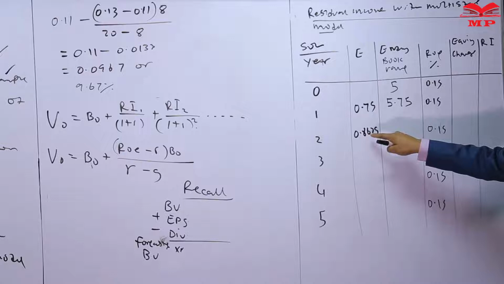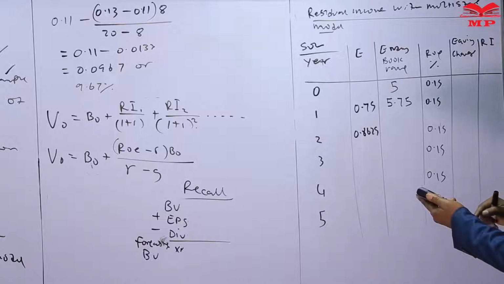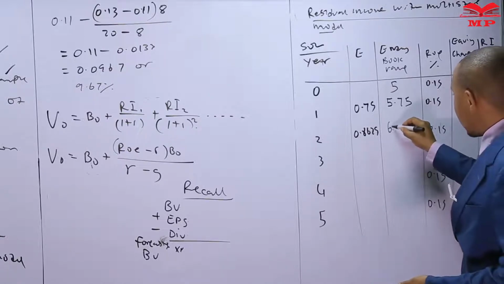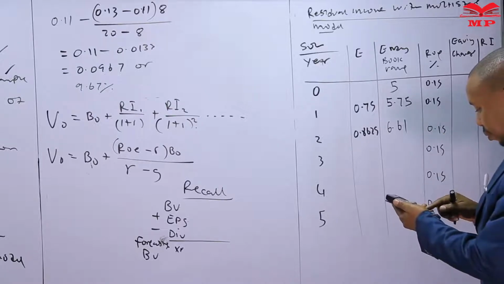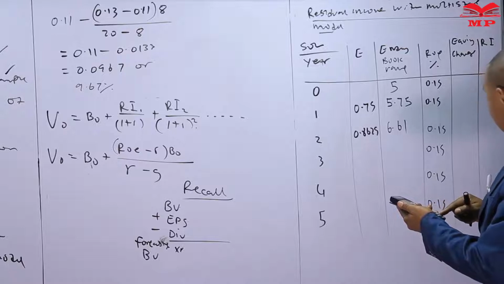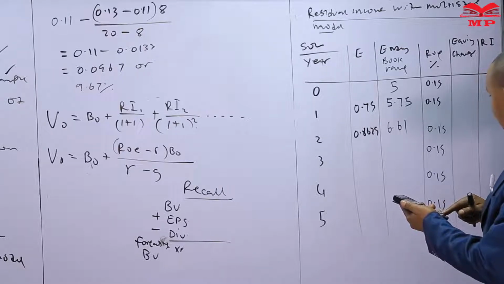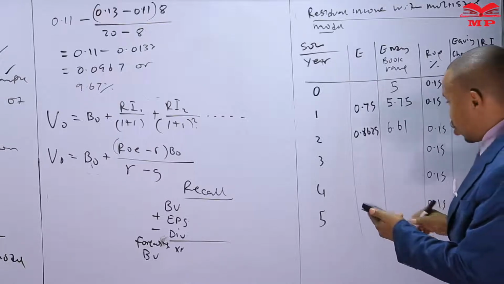This component plus this should give us that, so plus 5.75 should give us 6.61. This times that, 0.15 times 6.61, 0.992.